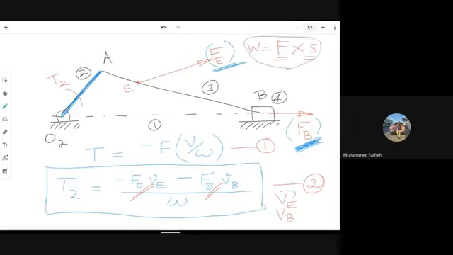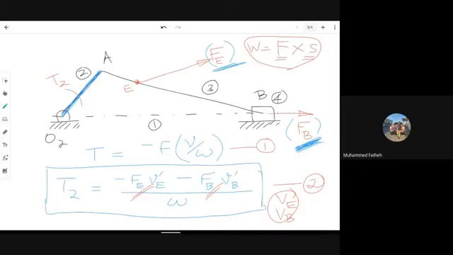So Ve and Vb are not directly the velocities of points E and B. They are velocities of those points which are along the line of action of that force. That means in place of Ve and Vb, let us write V dash E and V dash B. So from now on, we'll address Ve and Vb as V dash E and V dash B because both the velocities of point E and point B should be that which is happening along the line of action of force.